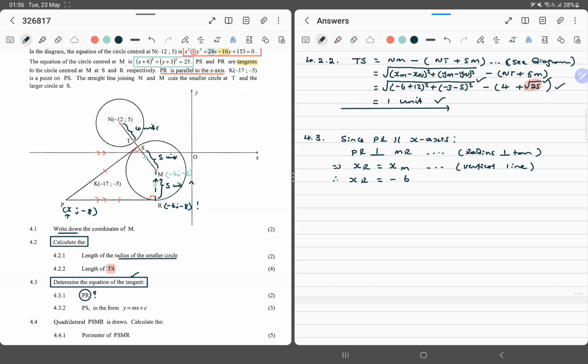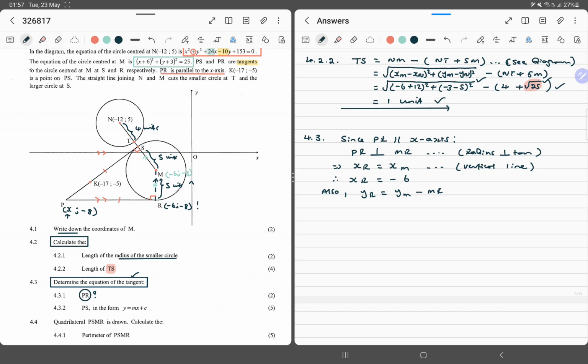We can say, though, also, we know that y at R is going to be essentially y at M minus 5 units, because now we've determined that radius. Minus 5 units, or we can say minus MR. Let's just say MR to be a bit systematic.